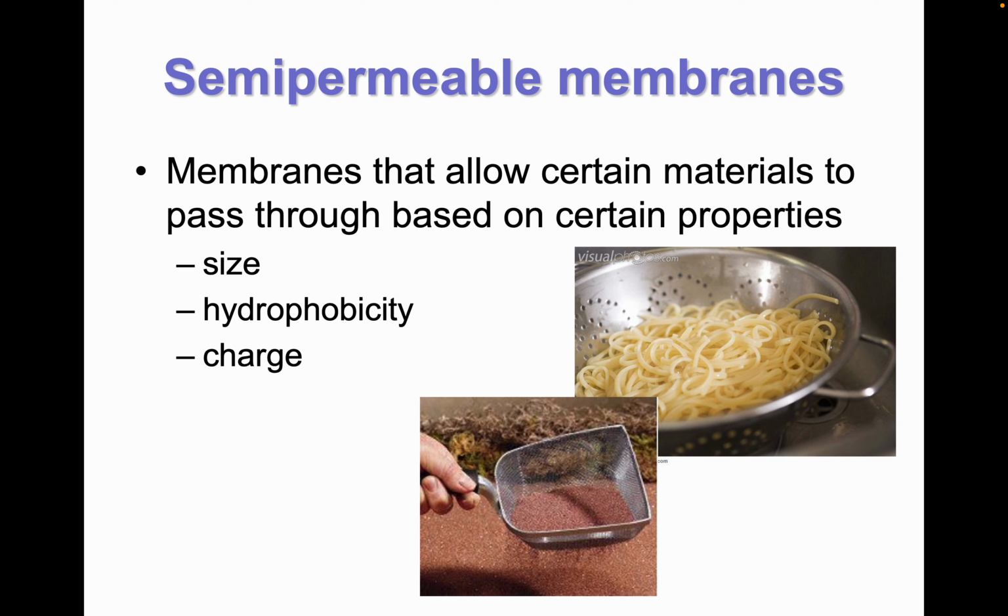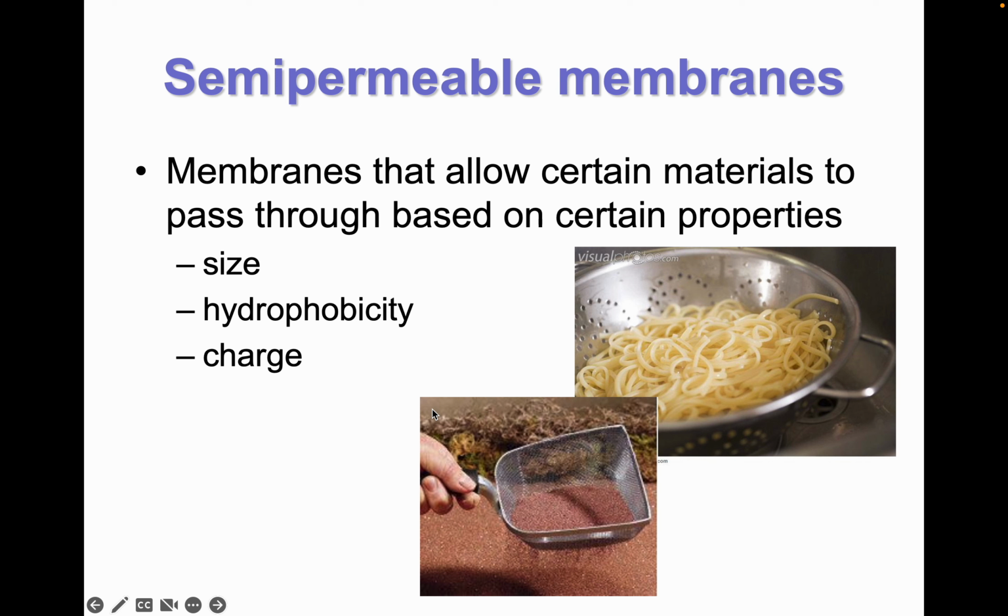So what is a semi-permeable membrane? Okay, these are membranes that allow certain materials to pass through based on certain properties: size, hydrophobicity, and charge. It is semi-permeable because it will allow some, not all, of the materials.